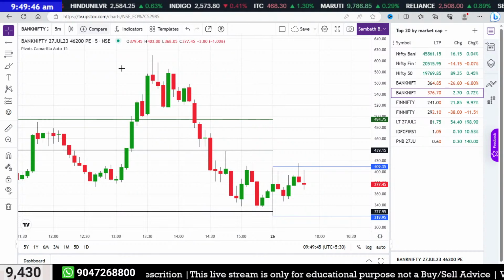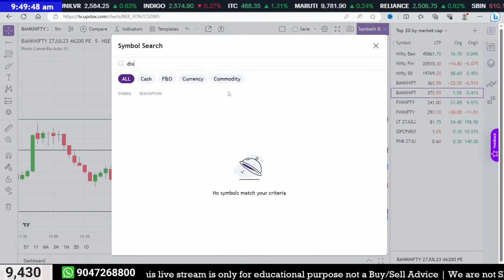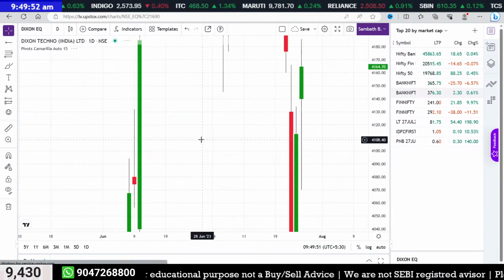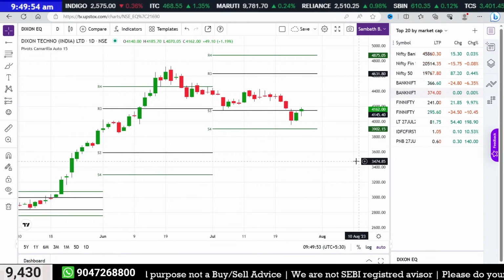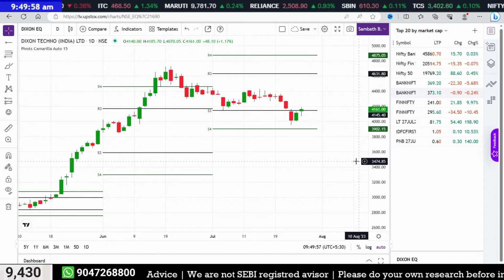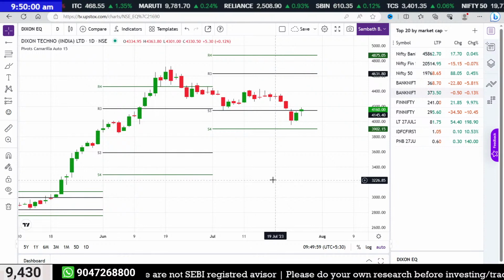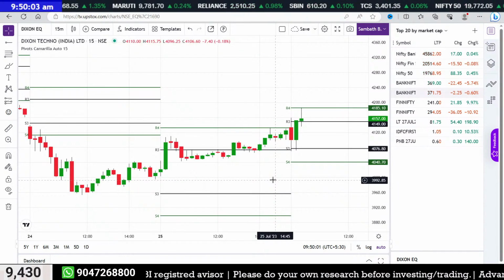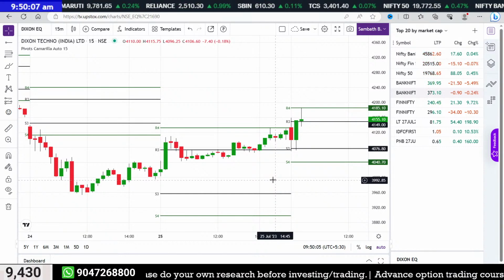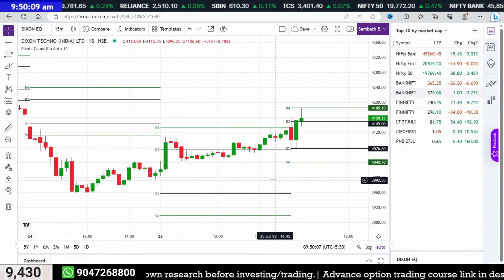Dixon. Yeah, I think I saw Dixon even yesterday, one of the stocks I found with the scanners. Yeah, it was slightly positive. And this is about the monthly. Now it is on the R3 level on a daily basis. And this is what we see, inside between the range. And it was on high.